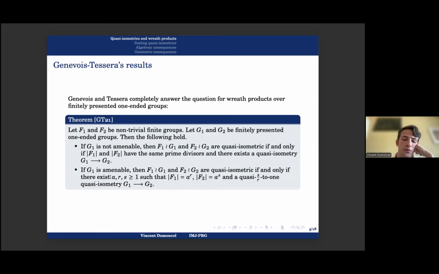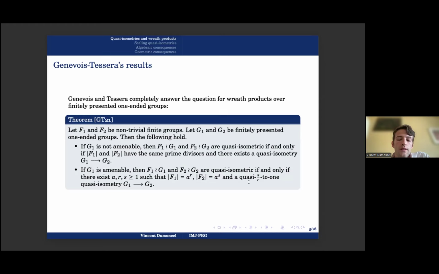Okay, so you may express this as saying that you have integers a, r, and s such that these two equalities hold. And on the base group, you also ask for the existence of a quasi-isometry, but not any quasi-isometry. This quasi-isometry must satisfy an additional property, which is being quasi S over R to 1. Okay, so this is exactly the terminology which is called scaling.